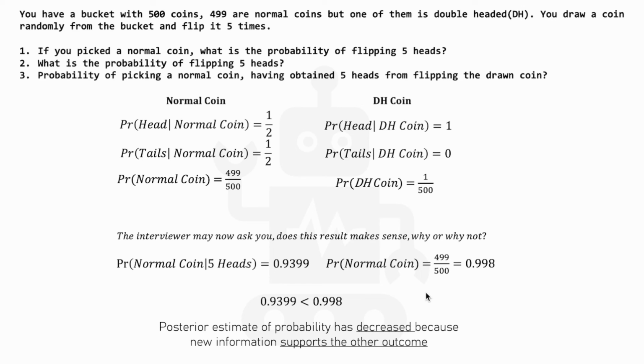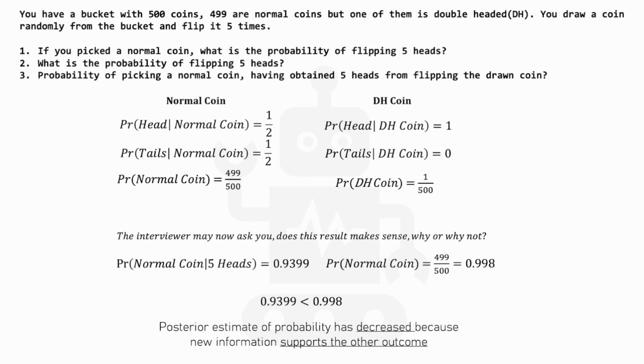Because the probability of flipping 5 hits using a normal coin is so much rarer compared to that of a double-headed coin, that this new information is actually supporting the fact that we might have a double-headed coin. Therefore, this posterior estimate of the probability of getting a normal coin has dropped. It's dropped a little bit.